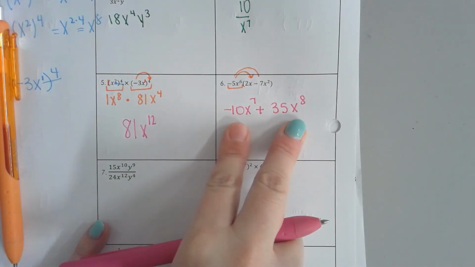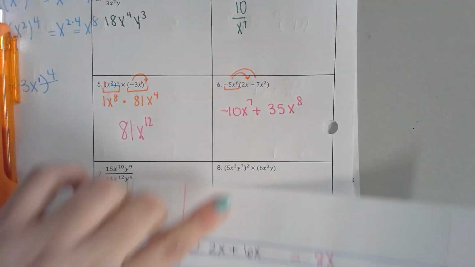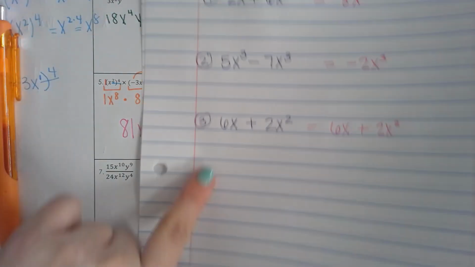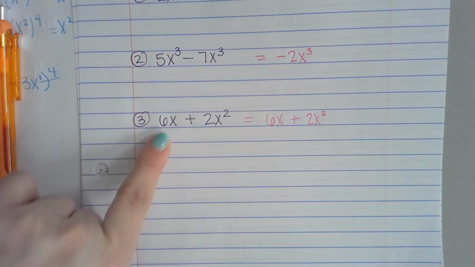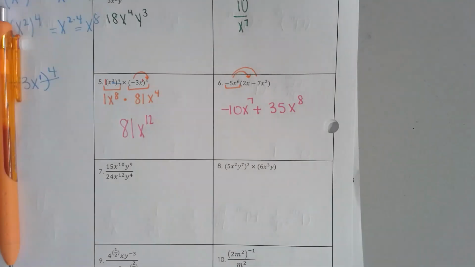Can I combine these two? I can't add them because they are not like terms. Similar to this example we did first thing this morning. If they're not like terms, you can't add them. I'm done here.